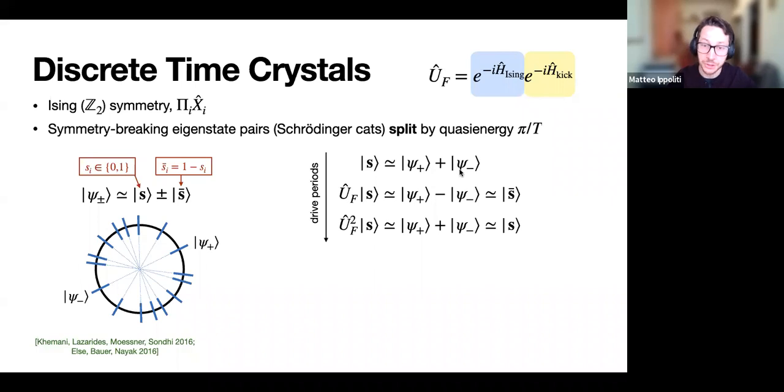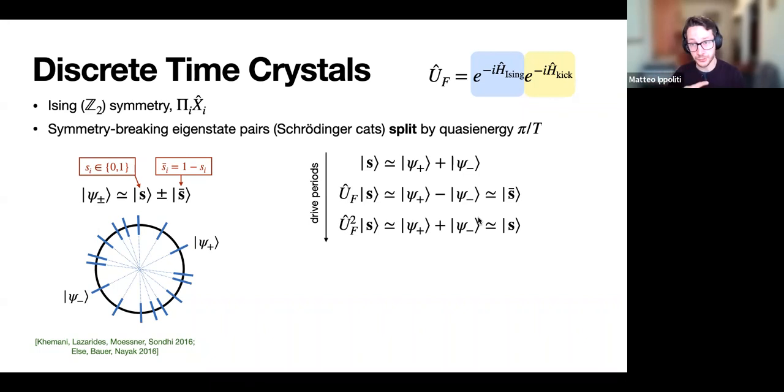But from this expression, it's straightforward to see what happens under time evolution, because having these two eigenstates offset by a pi phase means that after a single period of time evolution, they pick up a relative minus sign. And by again inverting this relationship here, we find that this means that we arrive at the negation of our initial bit string state.